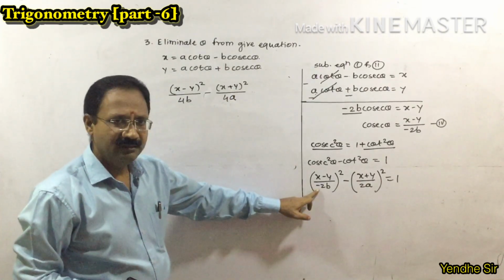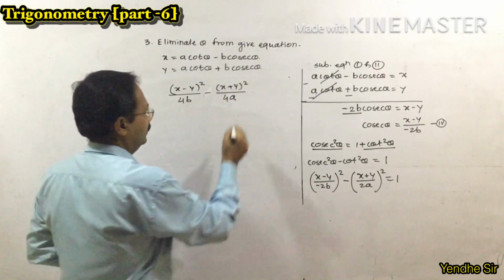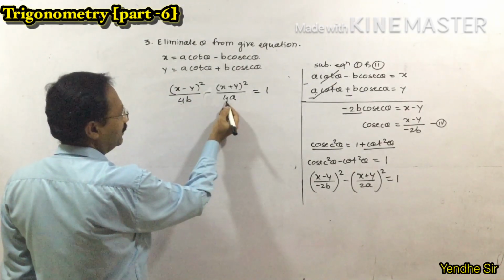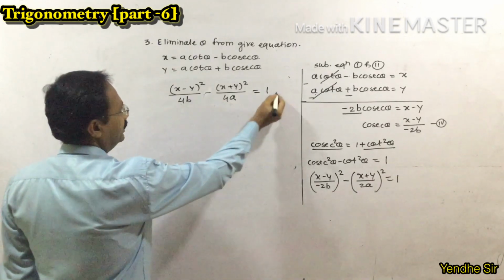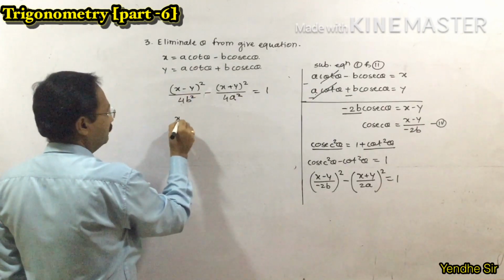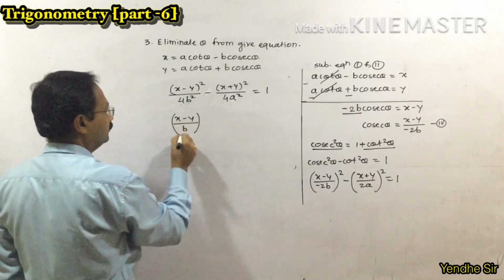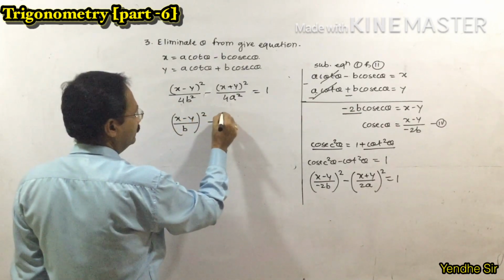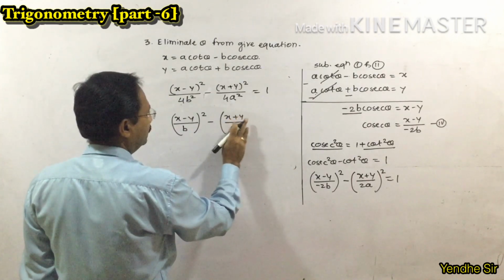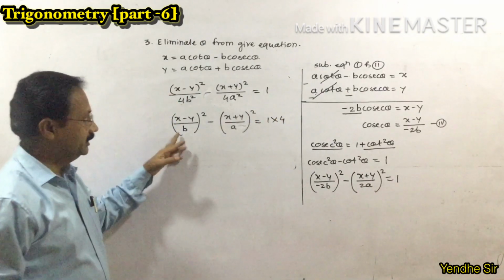It is minus. We know that minus square is always positive, so I have written the positive sign, equals 1. Now you can take that 4 as a common here, and then it will go on that side. So you will get x minus y upon b the whole square, minus x plus y upon a the whole square, equals 1 into 4.